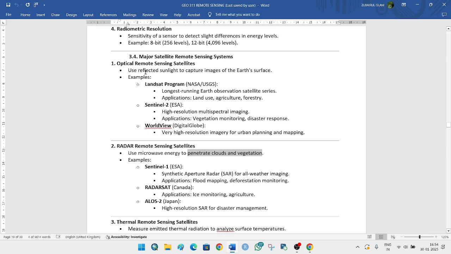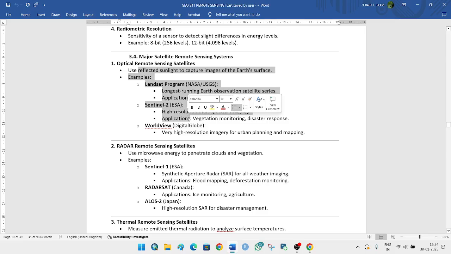So if there are clouds, you cannot use optical remote sensing because cloud will cover each and everything and will give wrong information. But if I ask you to study the vegetation cover and you are using the optical remote sensing data, then the cloud will give you wrong information. So this is the drawback of optical remote sensing. But you can estimate correct vegetation cover using radar remote sensing data.